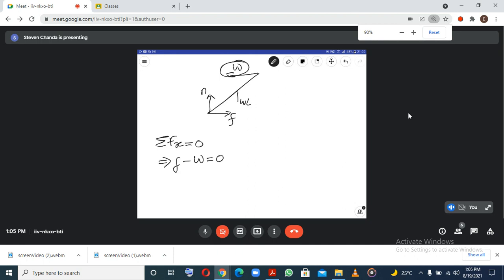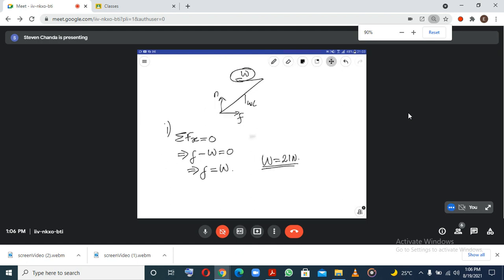If these are the forces in the horizontal, the friction force is equal to our W. And remember that we found our W to be 21 newtons. I hope everyone is clear on this one. So that's how we've used the forces in the x direction.